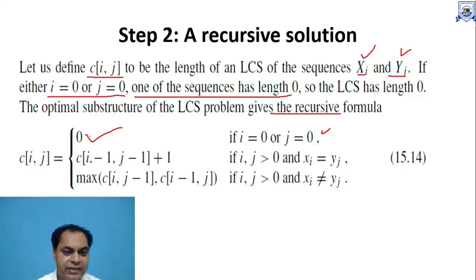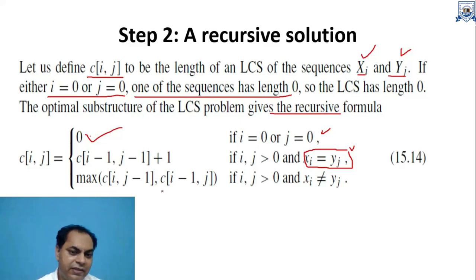C[i][j] would be C[i-1][j-1] plus 1. That means the length of the LCS for given sequences of length i and j would be C[i-1][j-1] plus 1 if the last characters of the given sequences are equal, that is, if the last character of Xi is equal to Yj.